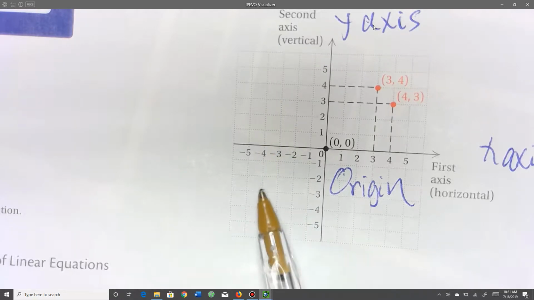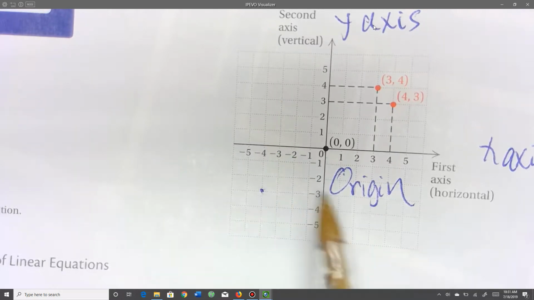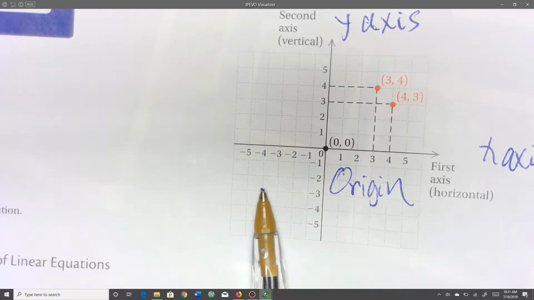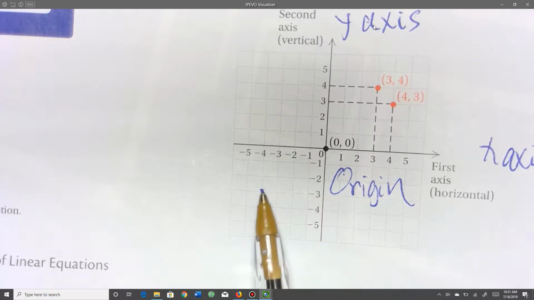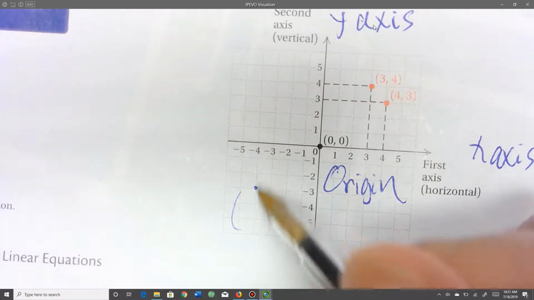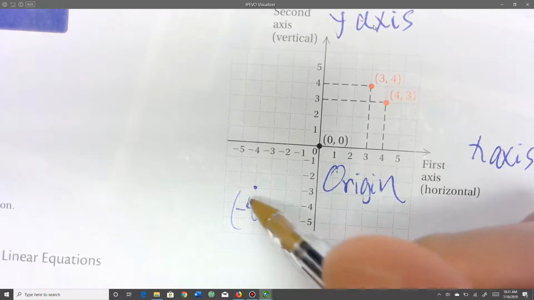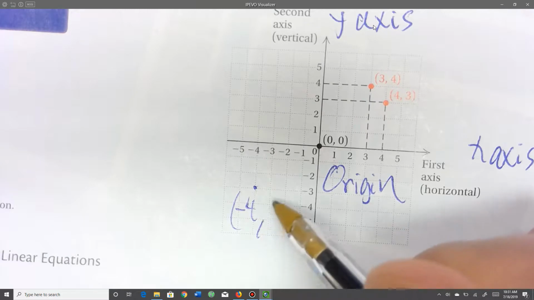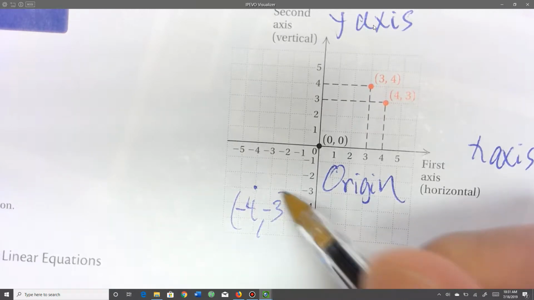In this case I move down, that's negative, see negative values. So my y coordinate is negative 3, okay? So my x value is negative 4, comma, and my y value is negative 3, okay?